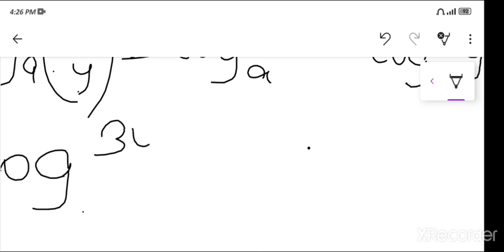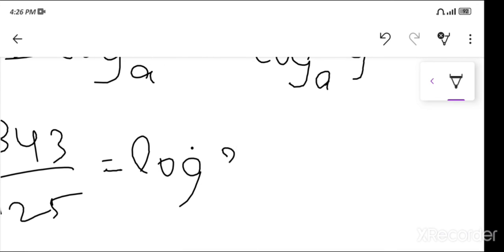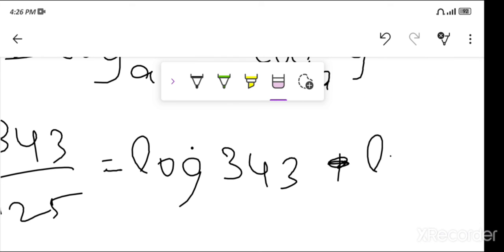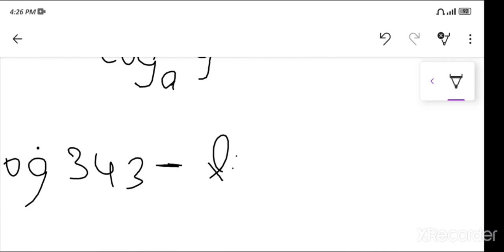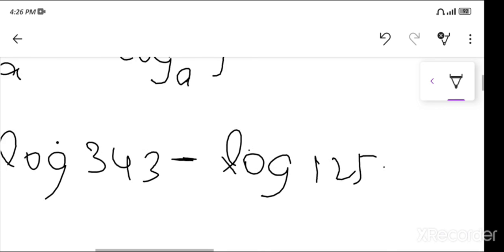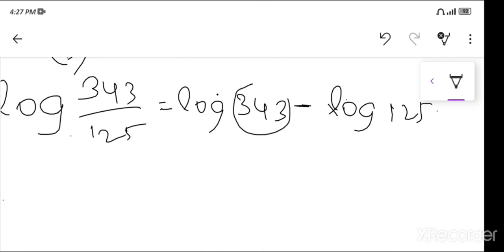Log 343 by 125 is equal to log 343 minus log 125.